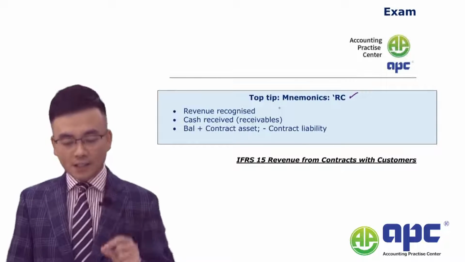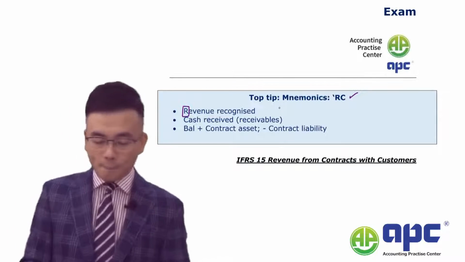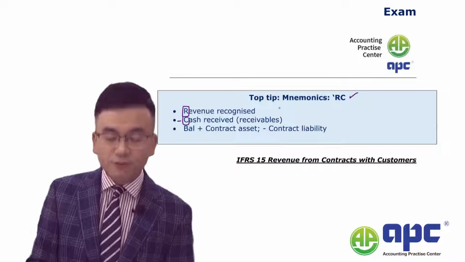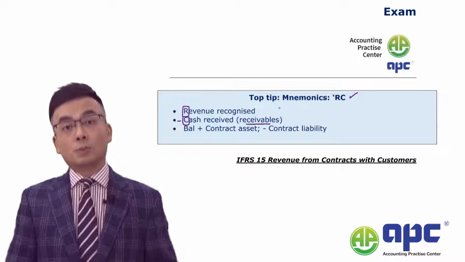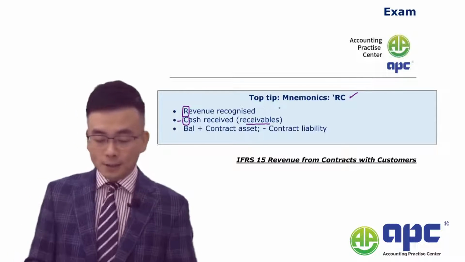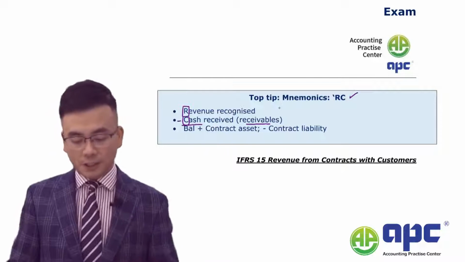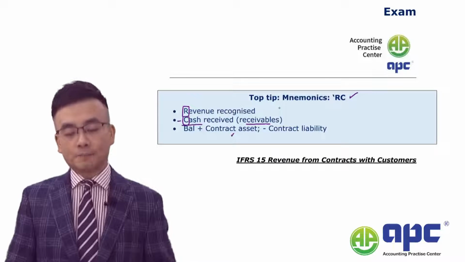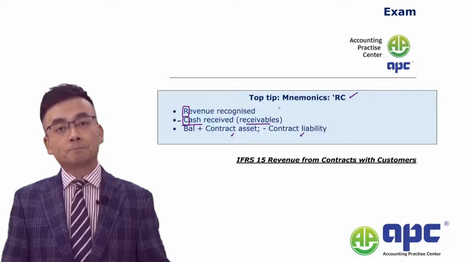We'll need to recognize revenue, that's what I mean by R, and compare to the amounts received or about to receive, which means receivable. So we'll need to use one minus another. If it's a positive figure, we put that into contract asset. If it's a negative figure, we put that into a contract liability.